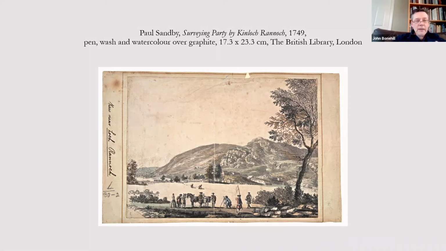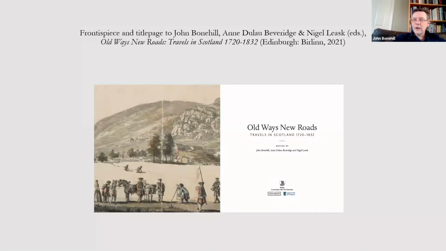It's not in great condition. All of this makes it seem rather unprepossessing, but it's an image which has wide currency, indeed far beyond that of grander examples of landscape art of the period. It's been reproduced many times, used as a jacket illustration and as a frontispiece, most recently in Old Ways, New Roads, Travels in Scotland, 1720 to 1832.